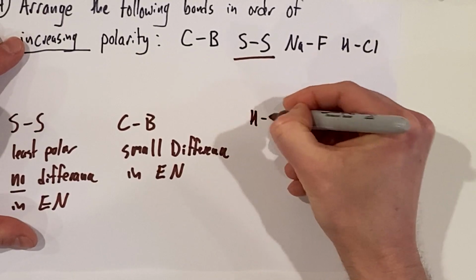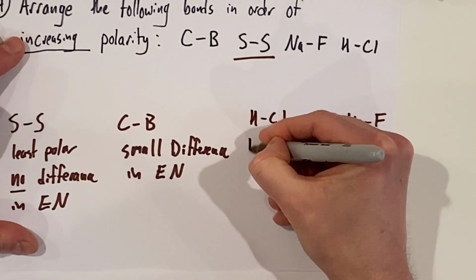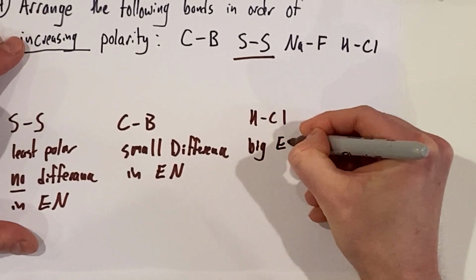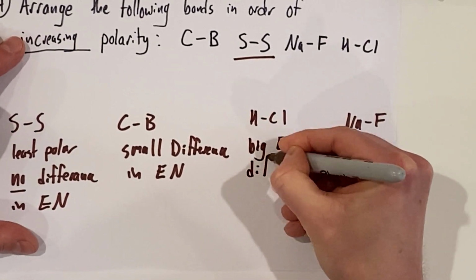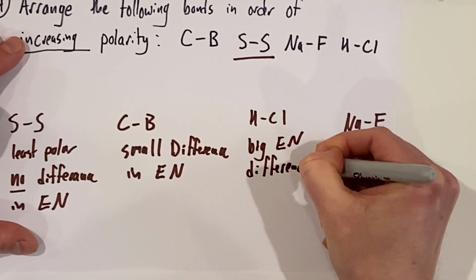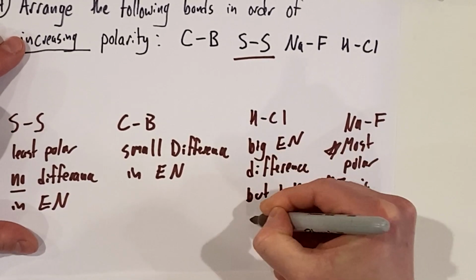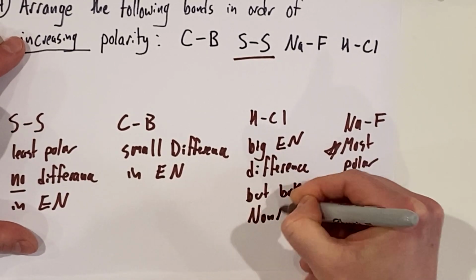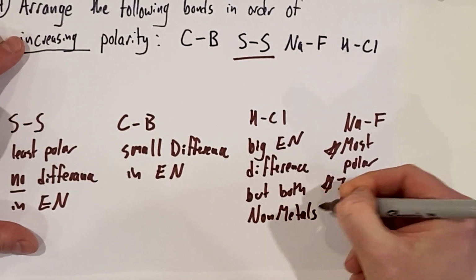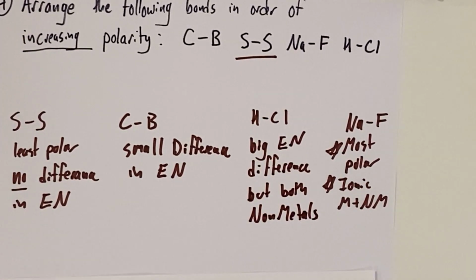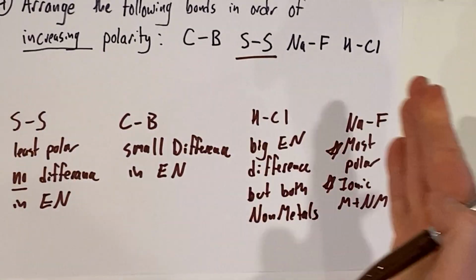So HCl, there's going to be a big electronegativity difference, but both nonmetals. So this is the order that you should have gotten from least polar to most polar.